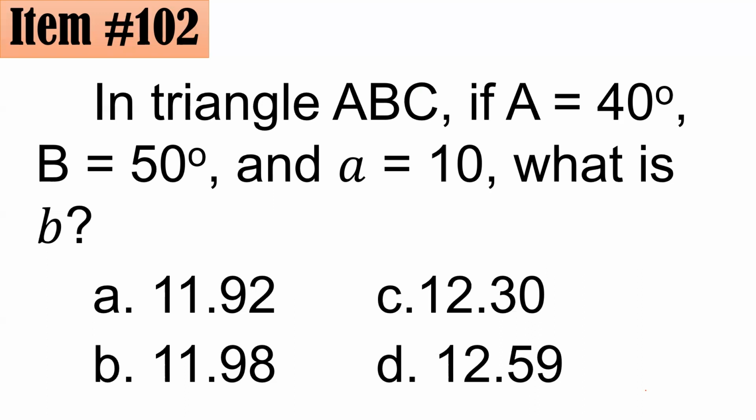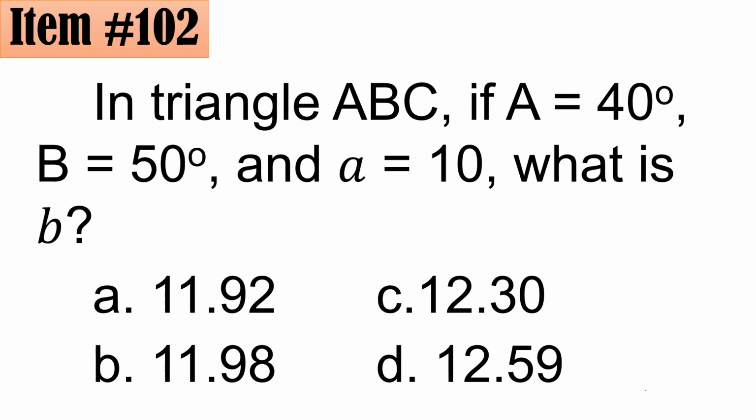If it is small letter a, it is the opposite side of capital angle A. In a similar manner, ganun din po dito, no? Yung angle B na 50 degrees, yung opposite side po niya ay itong small letter b.